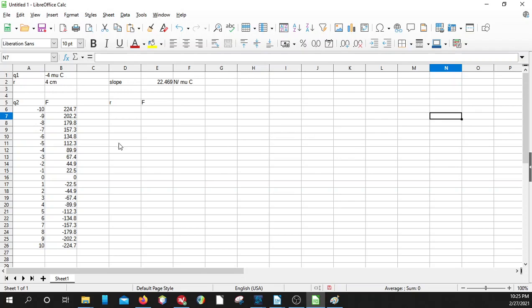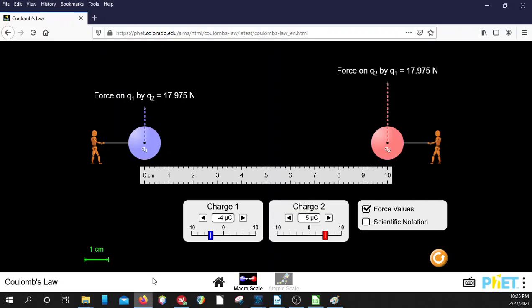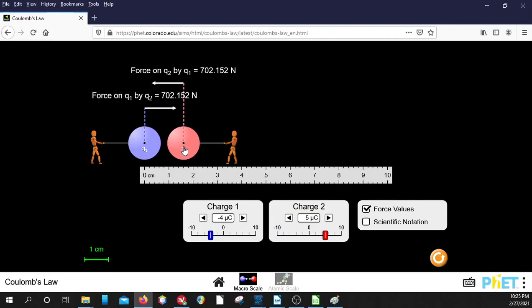But now let's go for this plot. So I'm going to go back to the main thing here. So like we're measuring from 0. So we're just recording the position of Q2, like 2 centimeters, 3 centimeters, up to 10 centimeters.